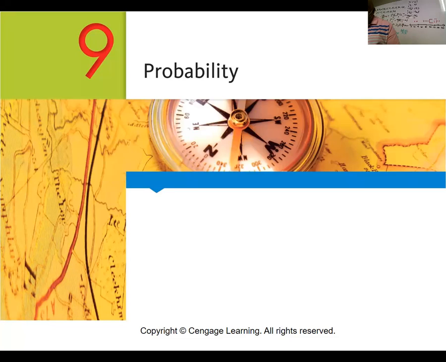In chapter 9, we're going to be dealing with probability. The first section we're going to look at is just the basic things related to probability. And then the second section will deal with things like mutually exclusive events, dependent and independent events, and rules for handling events that include the word "and" and the word "or."